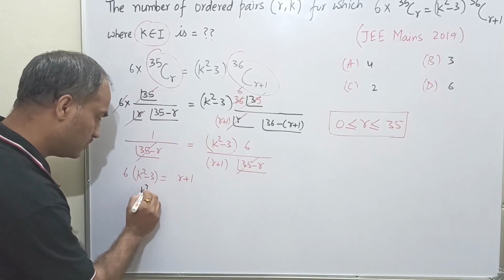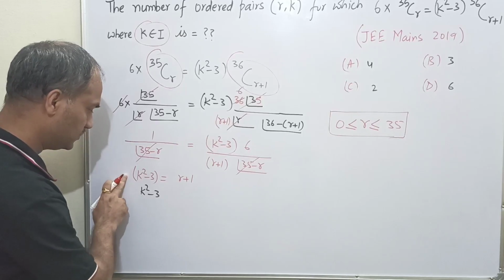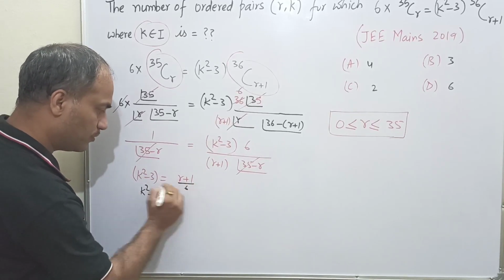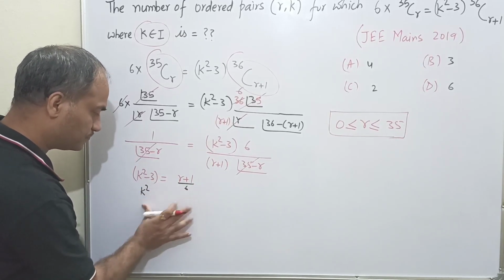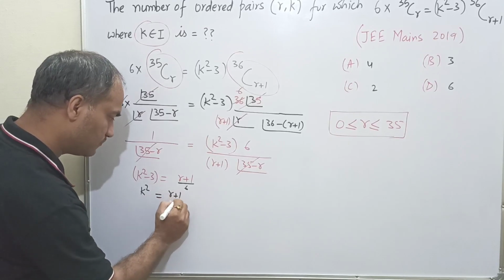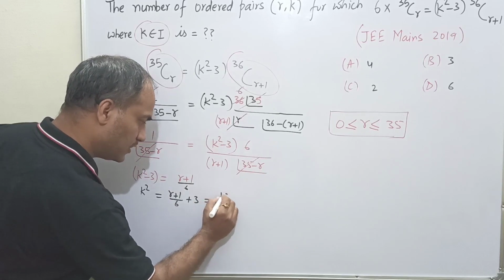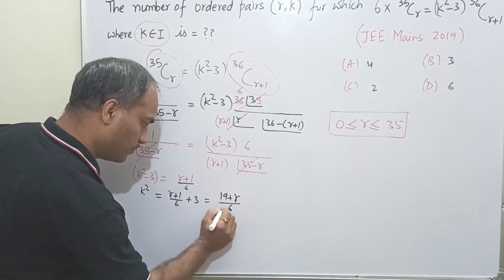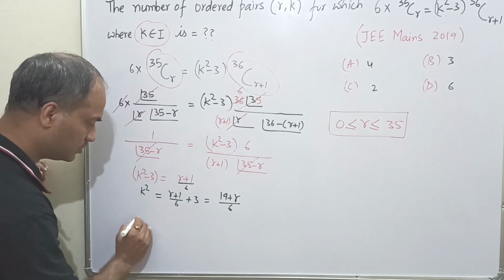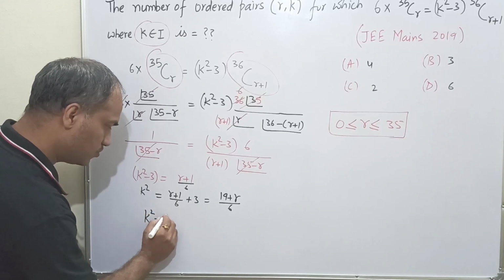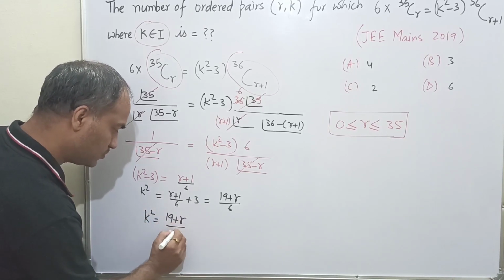So k square minus 3 is, this 6 will go up, so k square will be equal to (r plus 1) upon 6 plus 3. So this is 18 plus 1, 19 plus r whole upon 6. So we have got k square is equal to (19 plus r) upon 6.